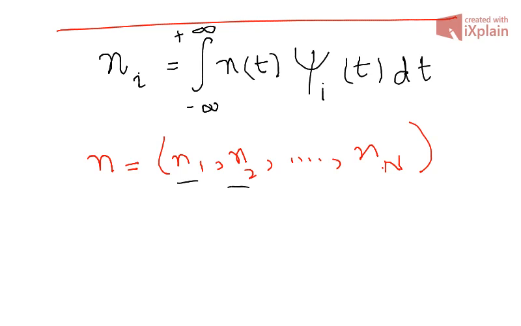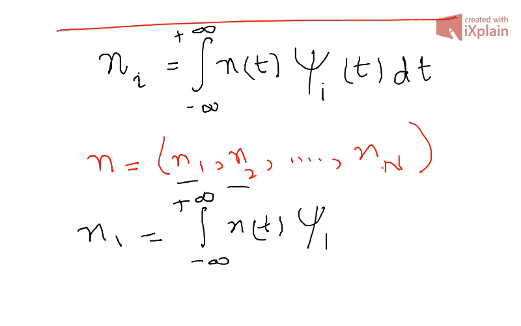So we would be interested in n1 and n2. n1, the image of the noise over psi 1, which would corrupt our actual signal, can be found by the dot product of the noise signal with psi 1 of t. Similarly, we can find n sub 2.